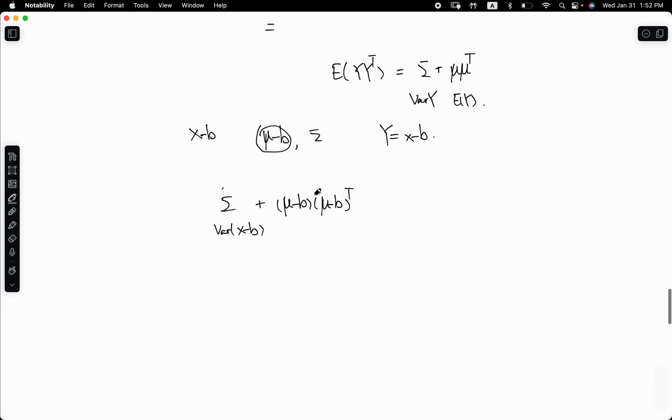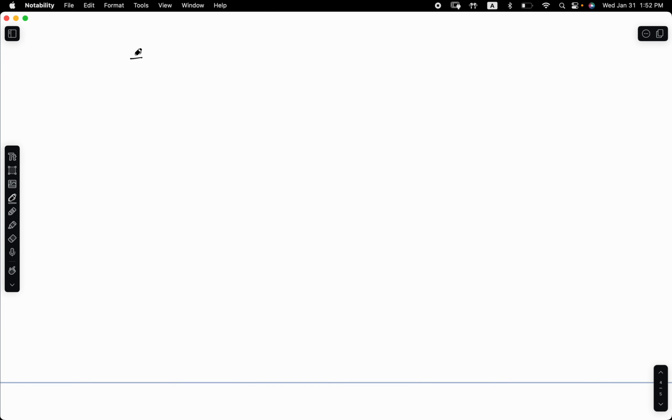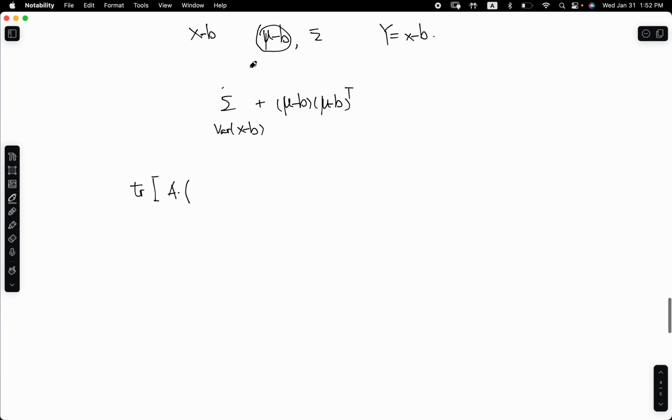So let's revisit that as trace of A. Now we are going to substitute this part, plus mu minus b, mu minus b transpose, closing that. Yeah, so let's see if we can further elaborate that.